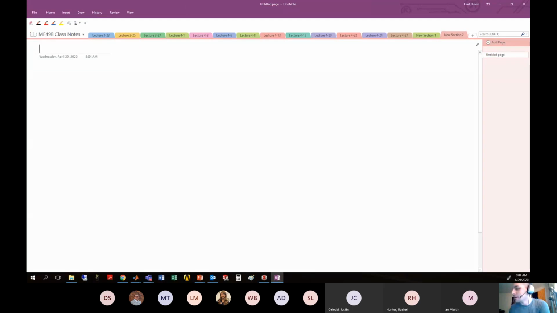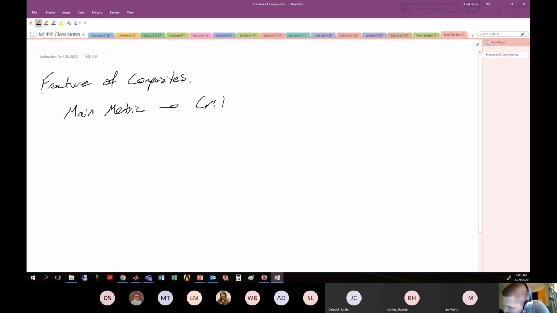All right. So recall we're talking about fracture mechanics. And yesterday I talked about the main metric that we use to evaluate fracture in composites is the critical strain energy release rate.